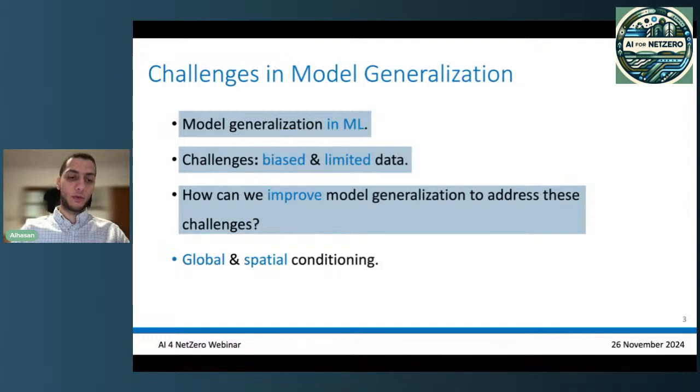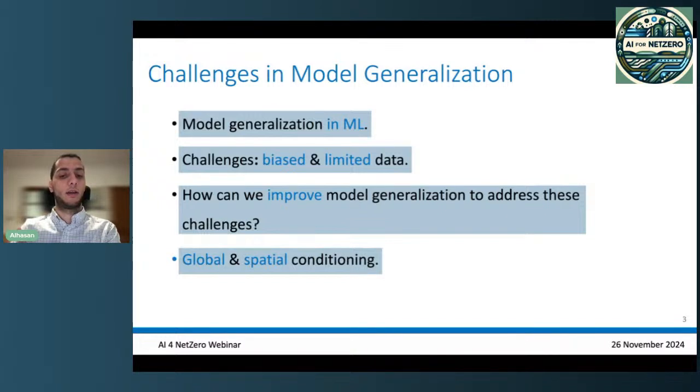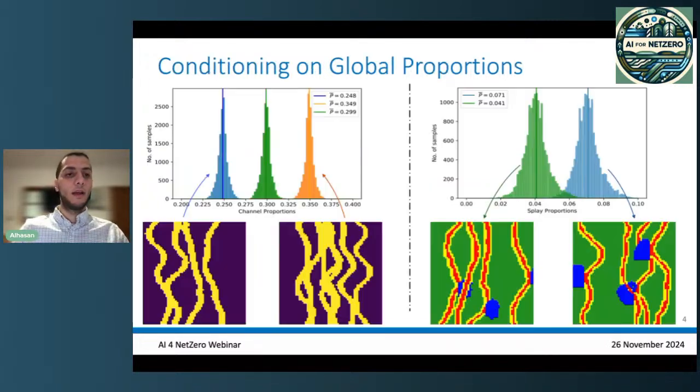We tried to answer this question both in a global conditioning context and also a spatial conditioning context. For the first part, which deals with conditioning on global properties, we selected the global proportions of geological phases.